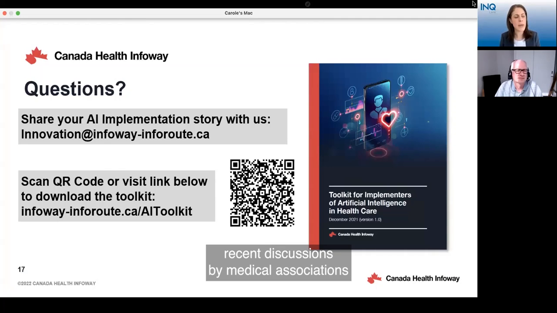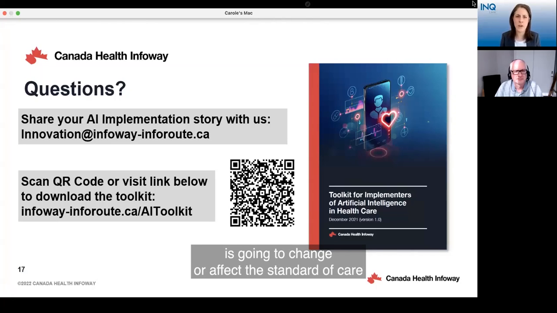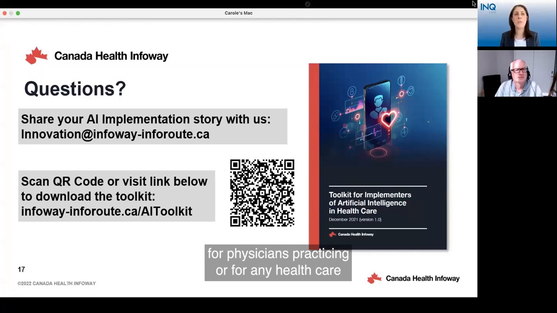But where it's also becoming quite interesting is recent discussions by medical associations around how artificial intelligence is going to change or affect the standard of care for physicians, or for any healthcare professional, where they may be relying on AI systems for diagnostic purposes, or they're not, but arguably should be. We don't have clear guidance on that yet, but we have a degree of precedent if we look at other technologies such as x-rays or ultrasound machines, which were never part of the standard of care in the 1950s.